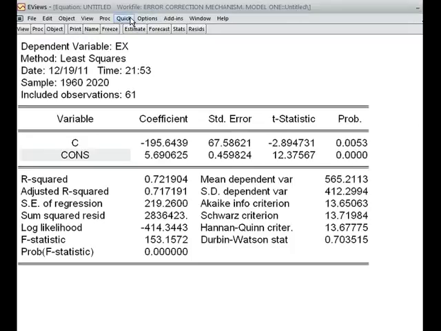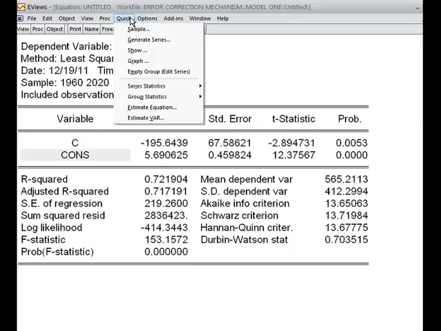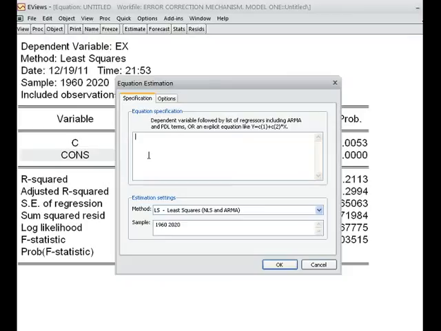I go to Quick, then I go to Estimate Equation. Okay, for the error correction model, the data should be in first difference. You see, Ex, I write it dEx.